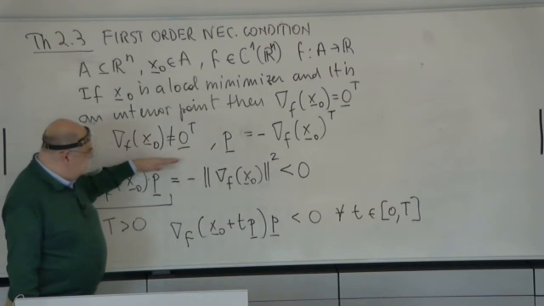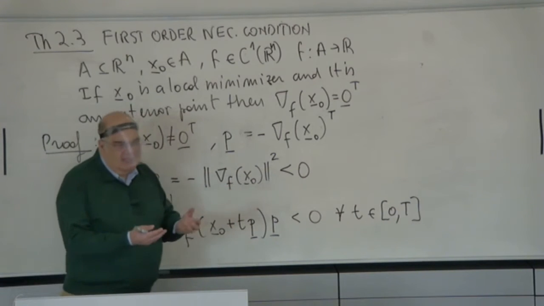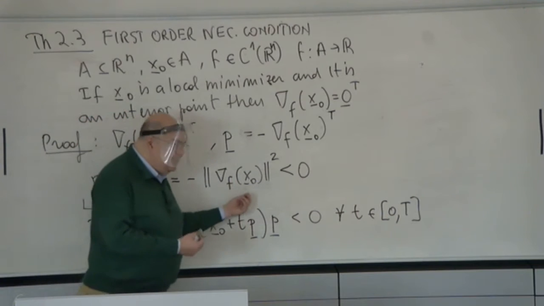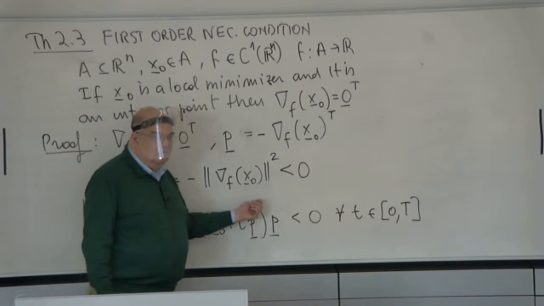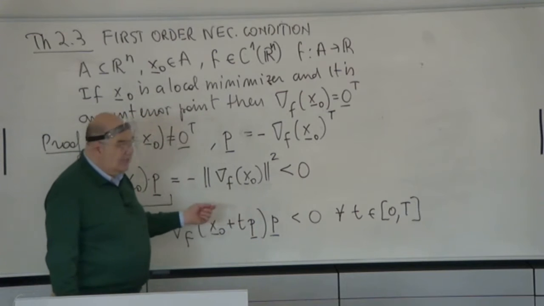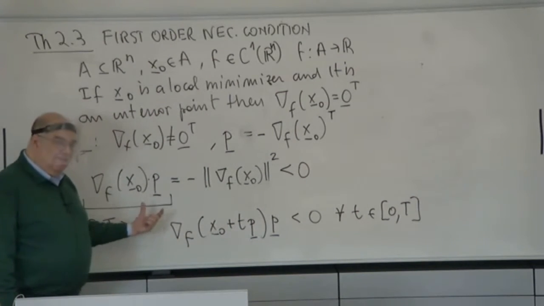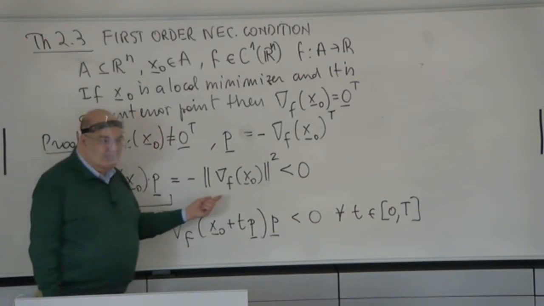Essentially, this is the key to create the contradiction. Why? Because what you are saying is that there is a direction. If you see this as the directional derivative of f along p, you see that the directional derivative is negative.